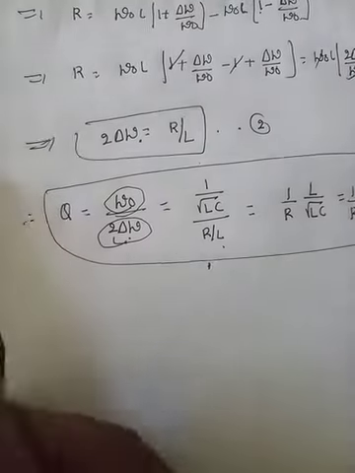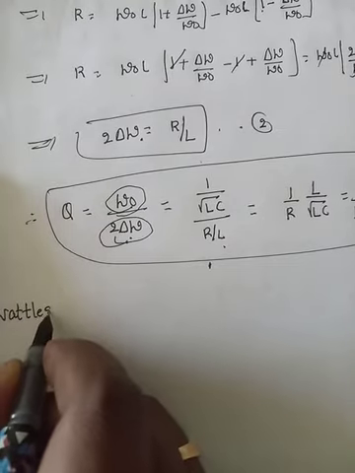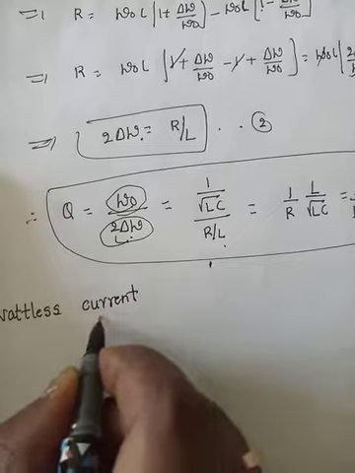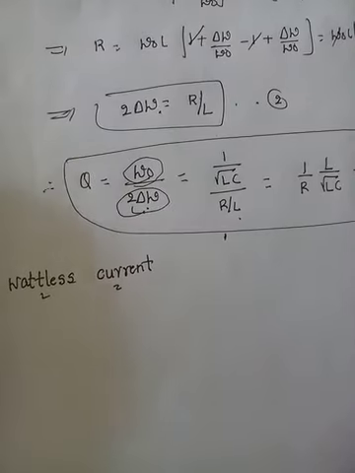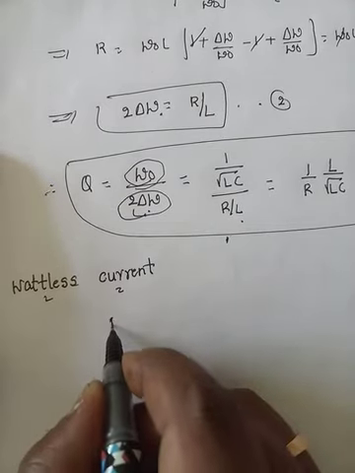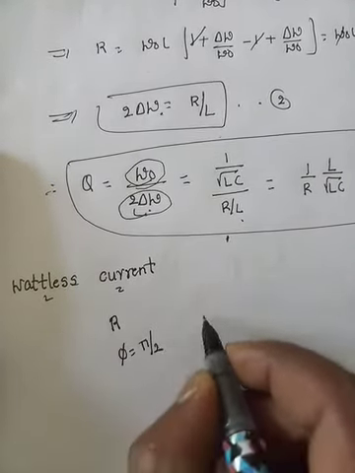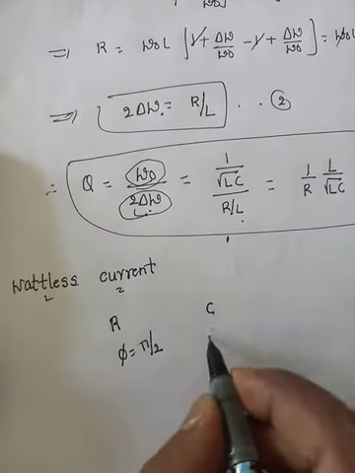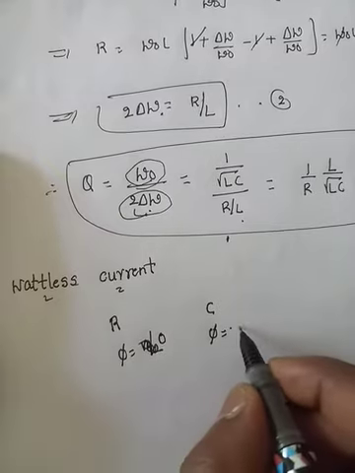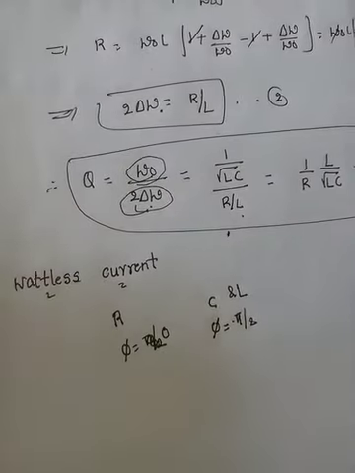And one more point I am going to add here, that is very important for a 1 mark question, that is wattless current. Why are we saying such? Because have you observed that in a resistive circuit phase difference is 0, in capacitive and inductive circuits phase difference is pi by 2.